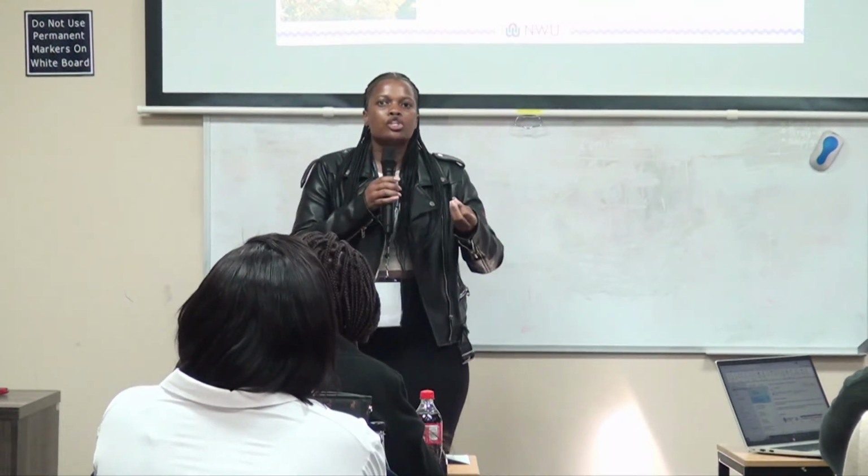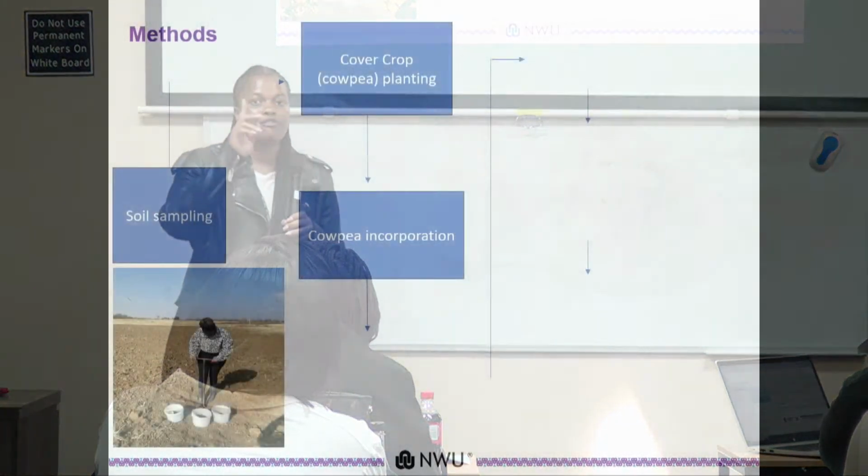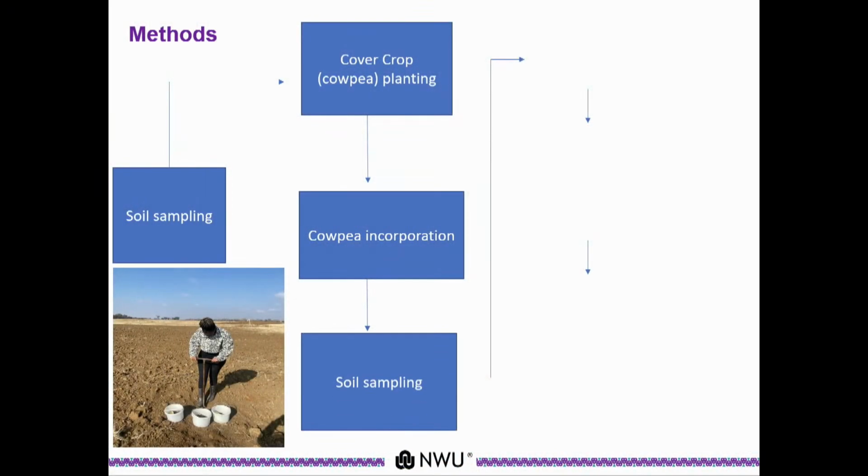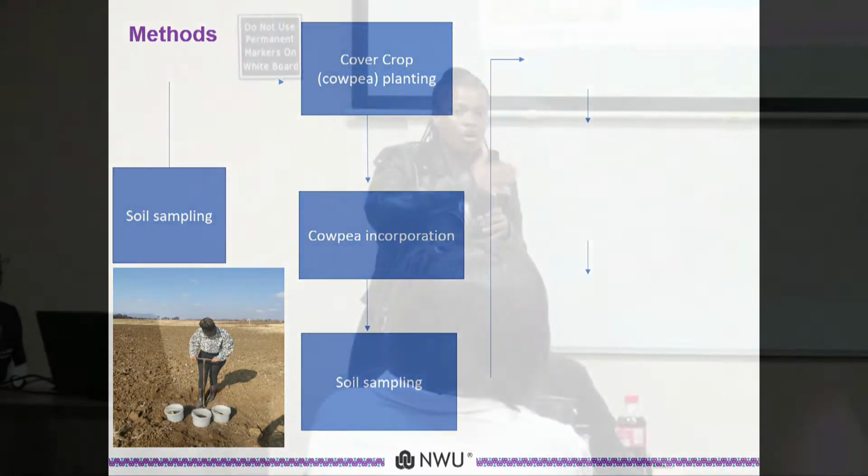We know that at 55 days, the cowpea was at its flowering stage, and the nodules are at peak to fix nitrogen. We incorporated cowpea for 2 weeks, then we took soil samples again. After taking soil samples, we planted potatoes based on the recommended rates.